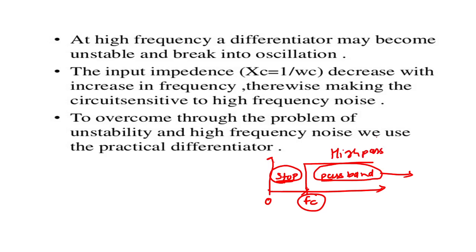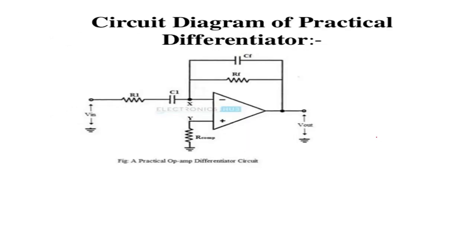Again, some noise and all that will happen in the practical ideal differentiator. To overcome this, we put one extra feedback capacitor in parallel with RF, and one resistor in series with the capacitor that is already there.